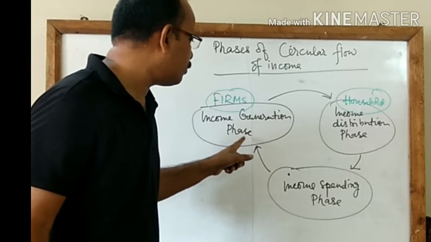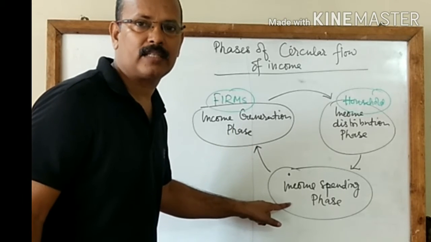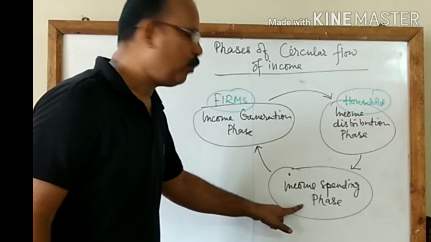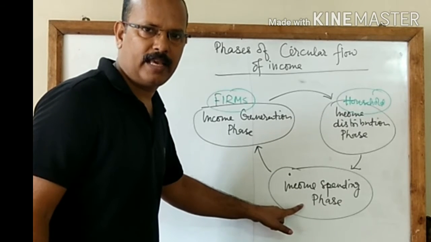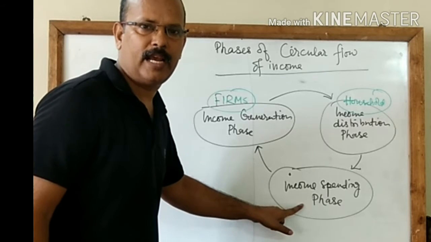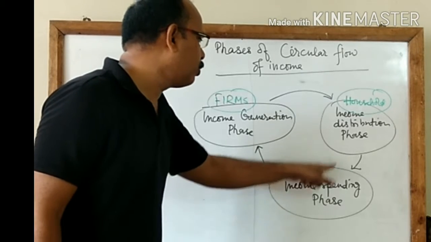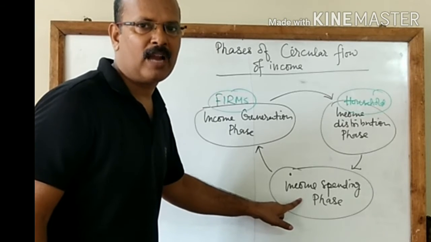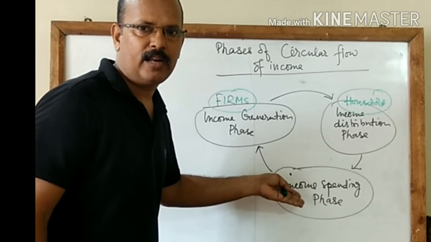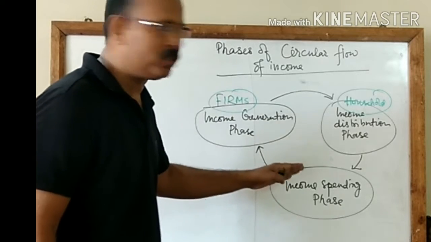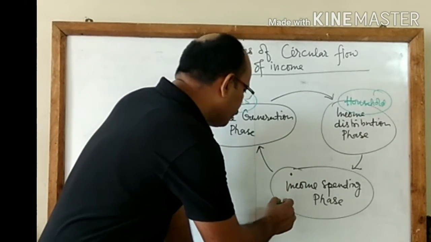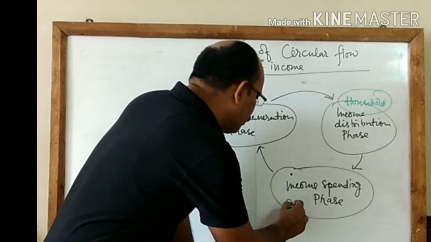All the farms will be selling their products in the market, so we go to the market where the producers are there to sell their products, and we will spend the money here. So the spending phase will be here in the farms.